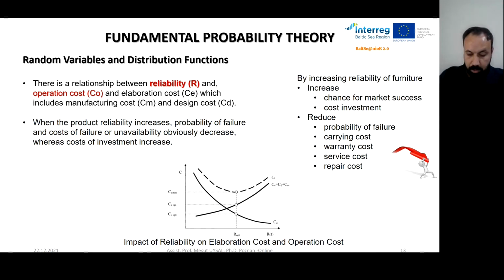But actually, I would like to say that it's my observation: if there is no legislation dictated to furniture manufacturers, we cannot apply these standards or the legislation or the specification. I will give a really quick example.